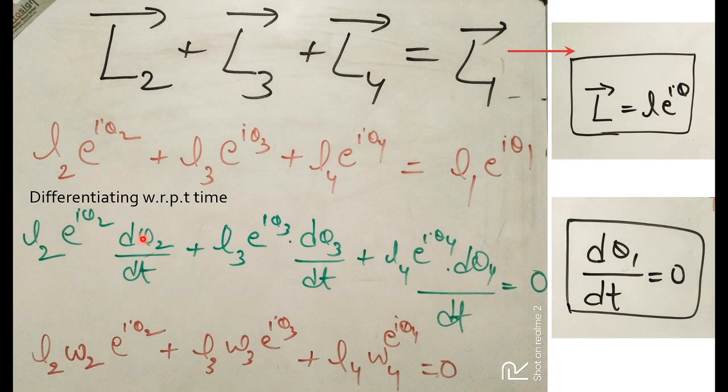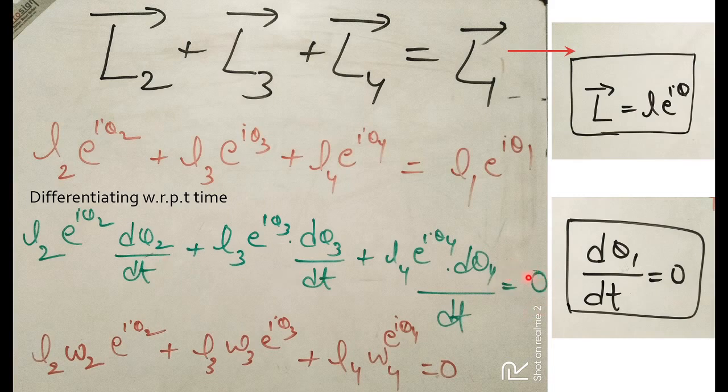Then for the second term, L3 e raised to i theta 3 into d theta 3 by dt, plus L4 e raised to i theta 4 into d theta 4 by dt, equal to 0.